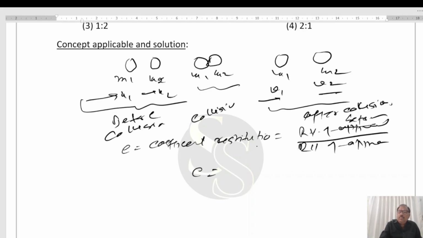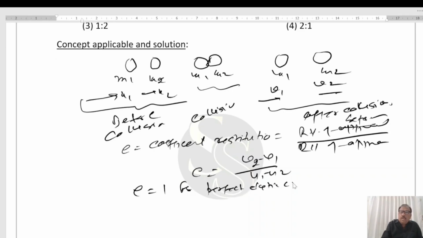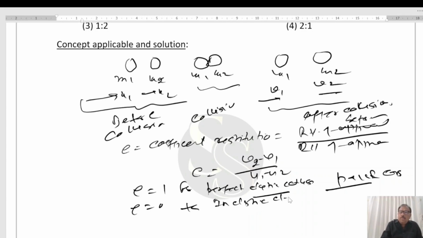That is e equals (v2 minus v1) upon (u1 minus u2). e equals 1 for a perfectly elastic collision, in which momentum and kinetic energy both are conserved. e equals 0 for a perfectly inelastic collision.